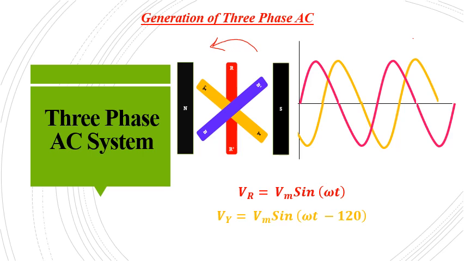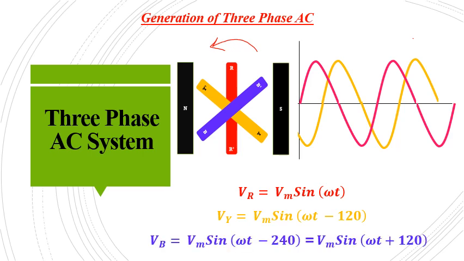Now regarding the B phase. The B phase is kept 120 degrees away from the Y phase, so the voltage generated in the B phase can be written as VB is equal to Vm sin omega t minus 240, or in other words, VB is equal to Vm sin omega t plus 120 degrees.